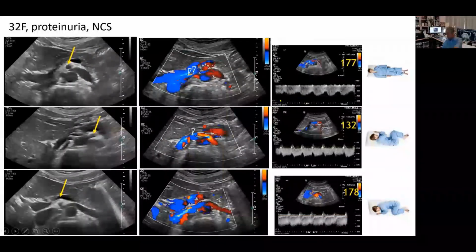But in this 32-year-old woman with proteinuria, the movement of the mesenteric root containing the superior mesenteric artery is quite limited, and the degree of compression of the left renal vein is also similar in supine, left lateral decubitus and right lateral decubitus postures, with similar peak flow velocities of 177, 132, and 178.